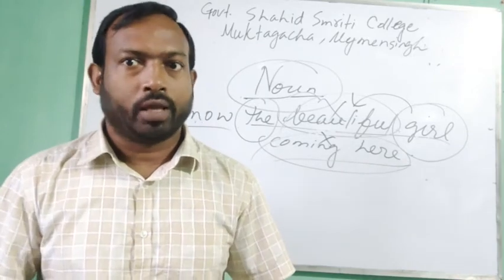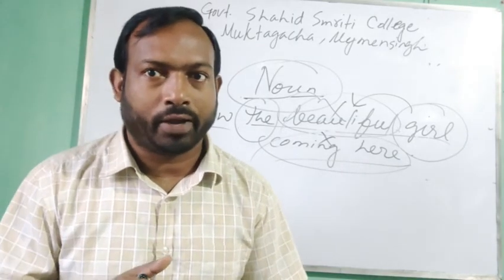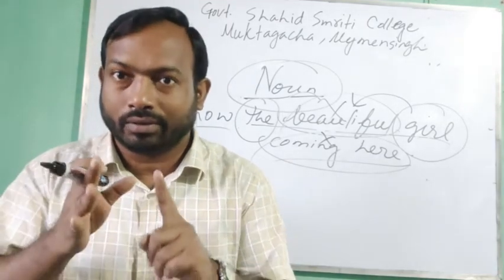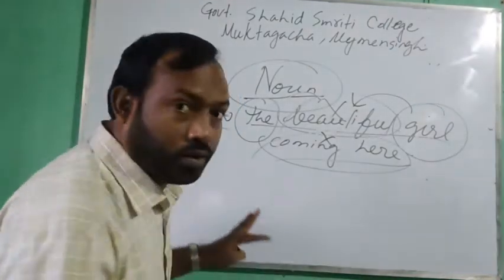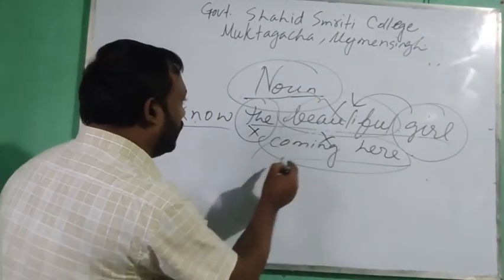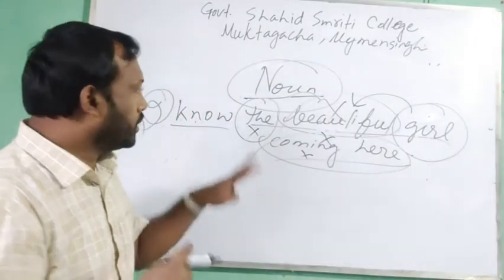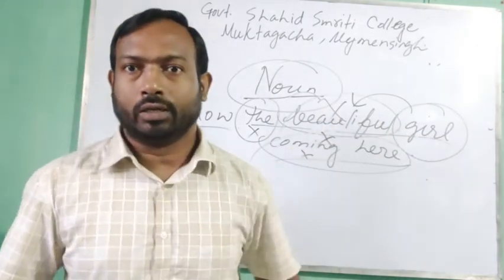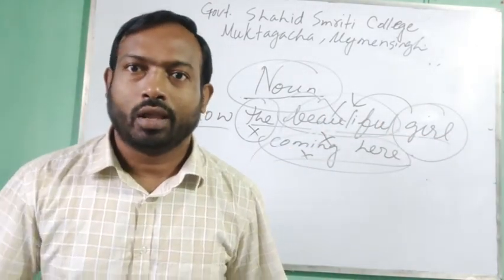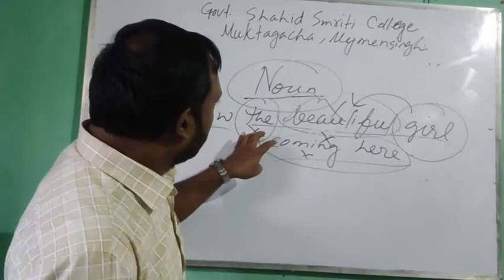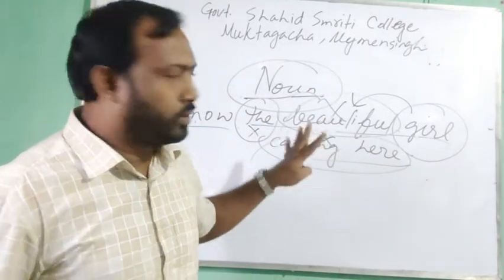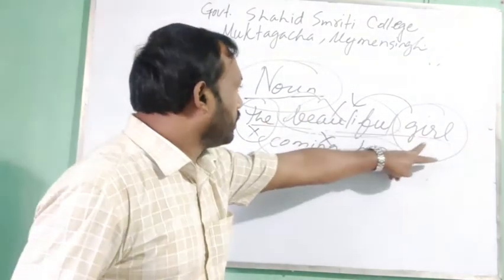Second, if we find premodifier and head, I mean the noun. So suppose there is no "the" here. We cross it out. So what remains? Beautiful girl. This is also a noun phrase. For example, if "beautiful" is omitted too, just "girl" remains.